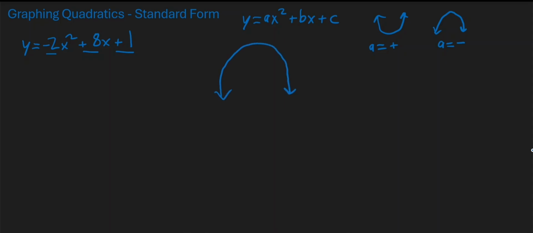So the first step to graphing this quadratic is to get something called a vertex, which is the very top point over here. The point where the graph turns is called the vertex of the parabola. And the vertex has a location of x comma y, which we will obtain in a bit. The value of x is called the axis of symmetry.